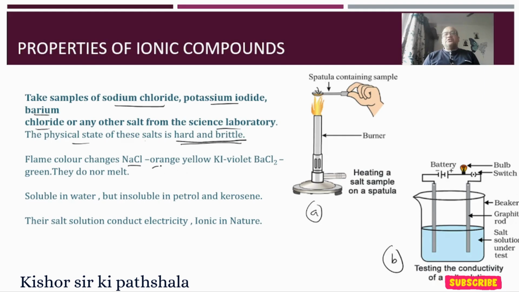It will change to orange yellow. For potassium iodide, it will change to violet. And for barium chloride, it will change to green. And are they melting in the spatula? No, they do not melt in the spatula.